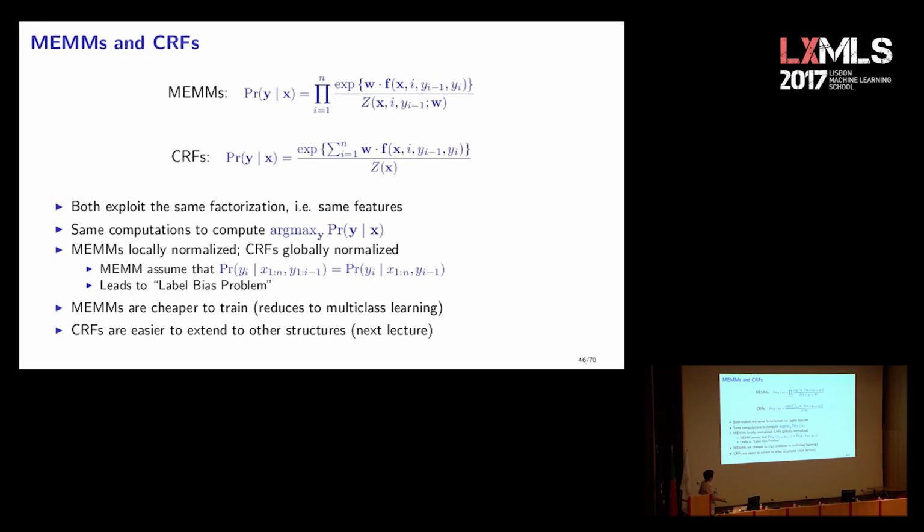The origin of this is the fact that here the normalization is global, and here we are forcing that at each position this thing normalizes. So at each position you need to make sure that the scores sum to 1. In the other, you don't need that. You just need that all the sequences sum to 1.